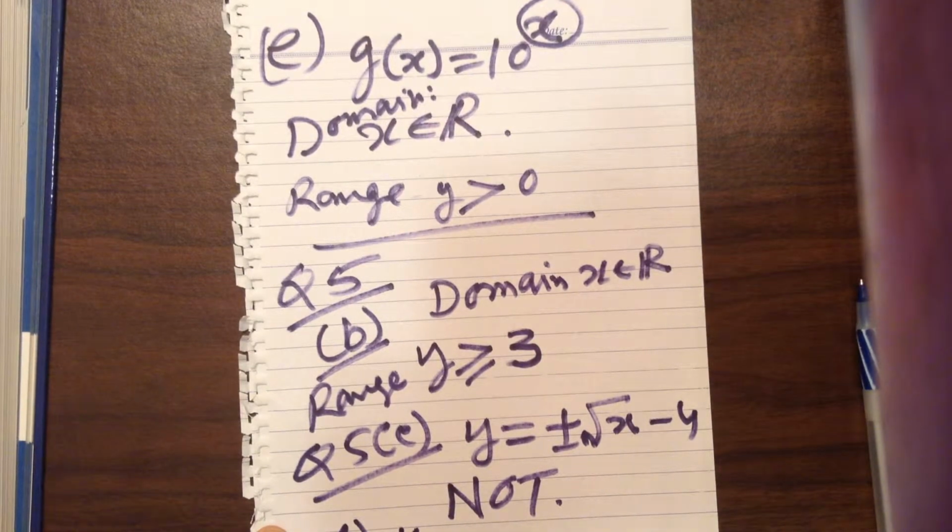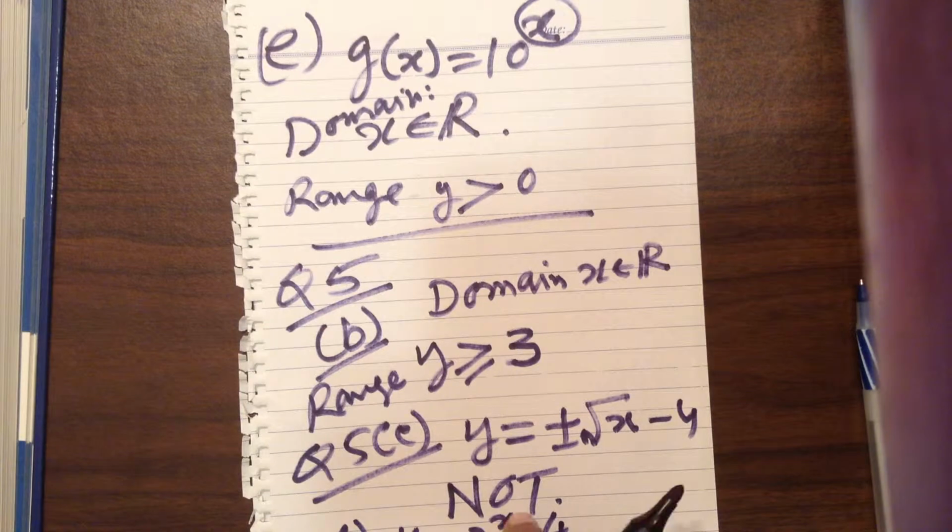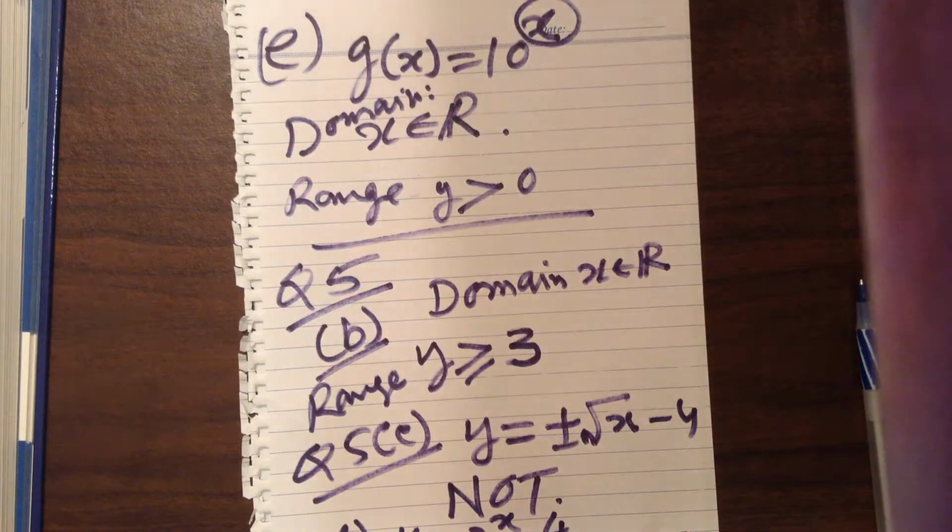y is equal to 2 to the power x minus 4. Of course, x can be assigned any value, so the domain is the real numbers. Now again, 2 to the power x can never be negative, so the smallest value of y would be minus 4. That is the range.